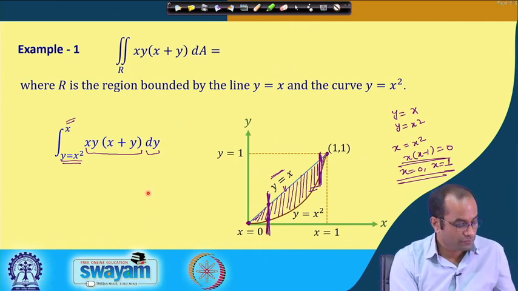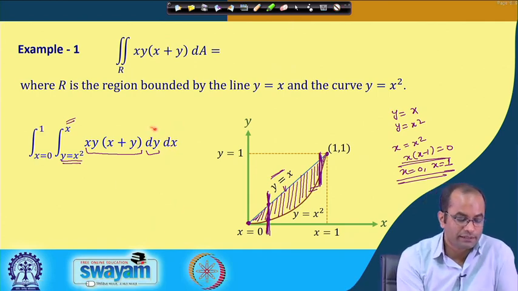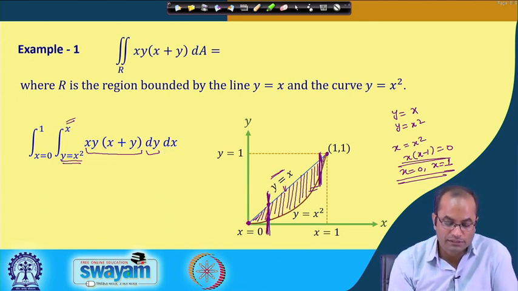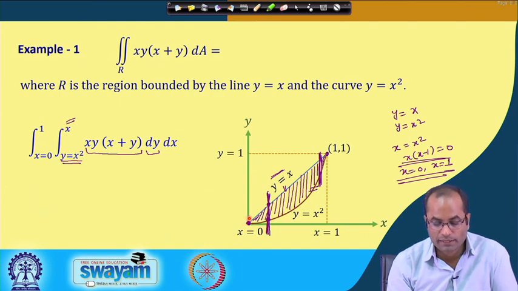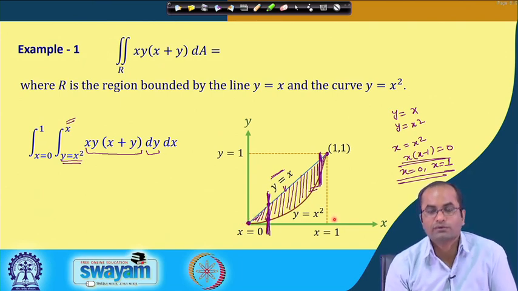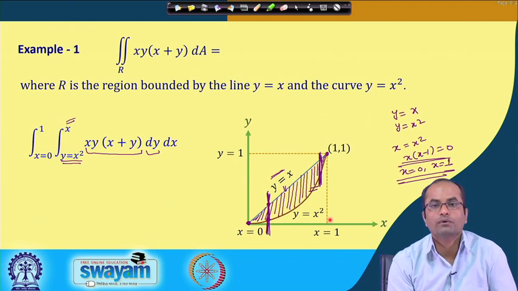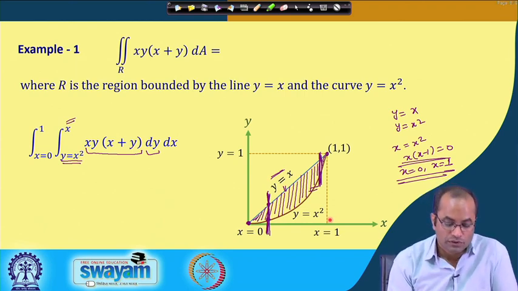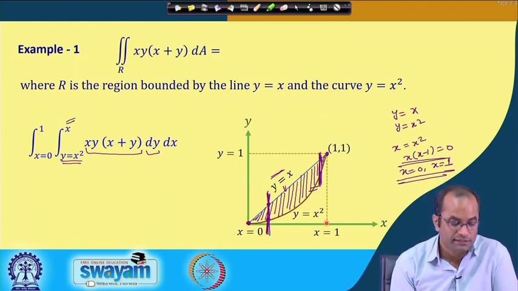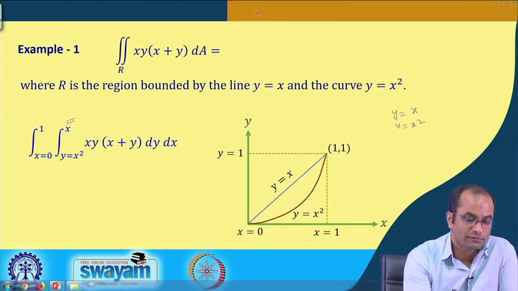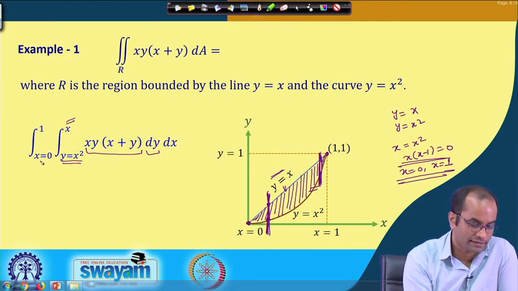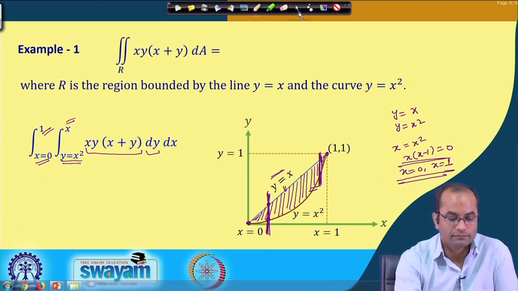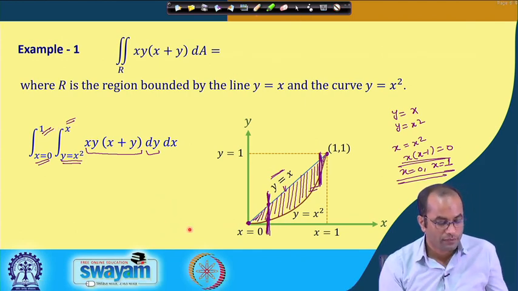Once we integrate this, we then integrate with respect to x, and the x limits are clear, because these lines which we have drawn go from x is equal to 0 to x is equal to 1, sweeping the whole domain. So, the limits for x are from x is equal to 0 to x is equal to 1.